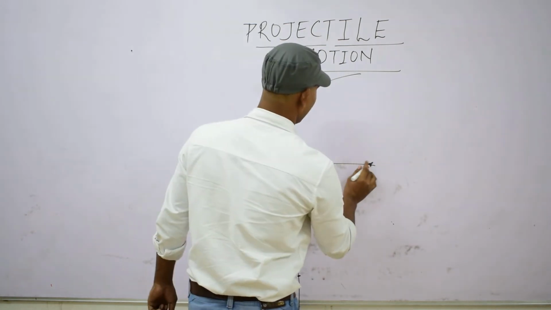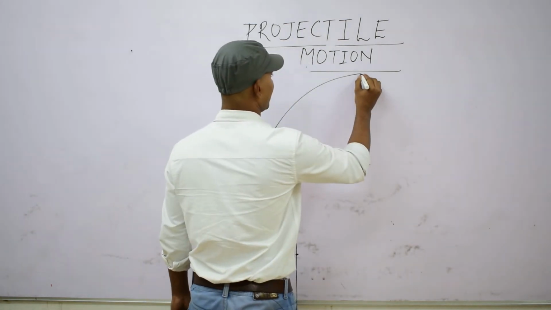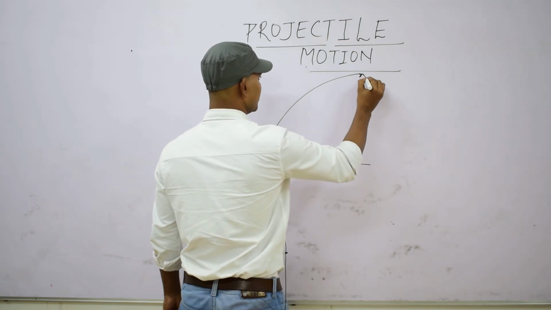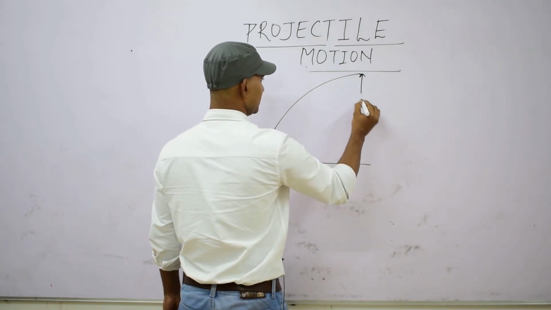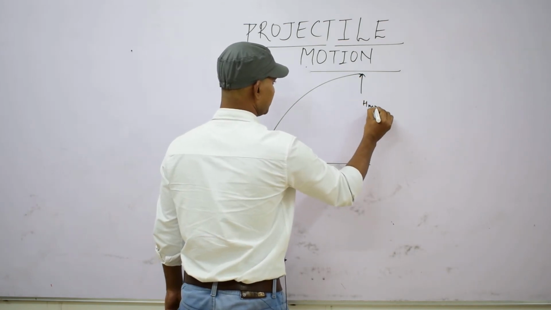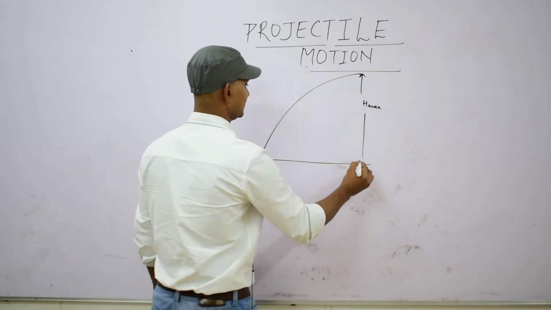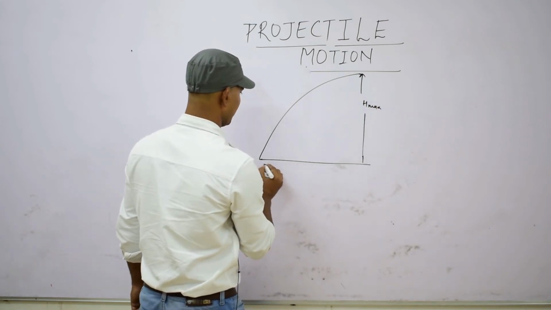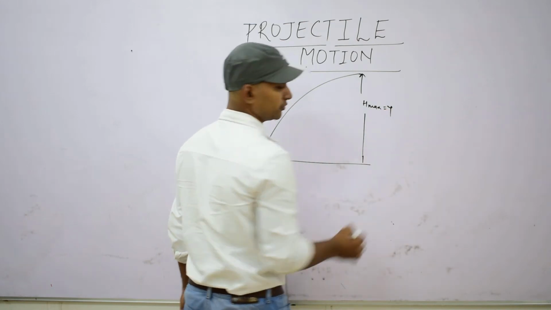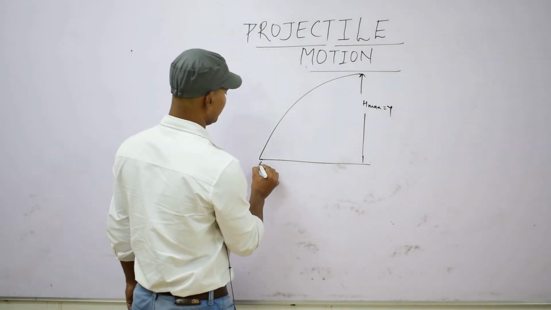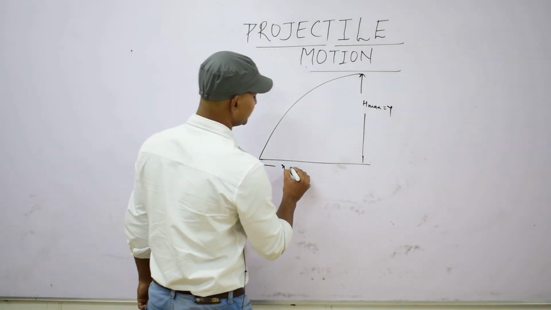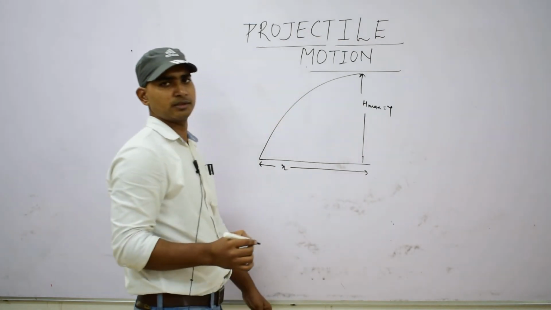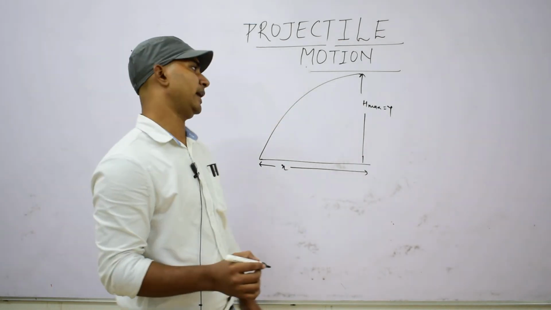Let's suppose this is h max, which you can consider equal to y, and from this particular point I have taken this x distance.